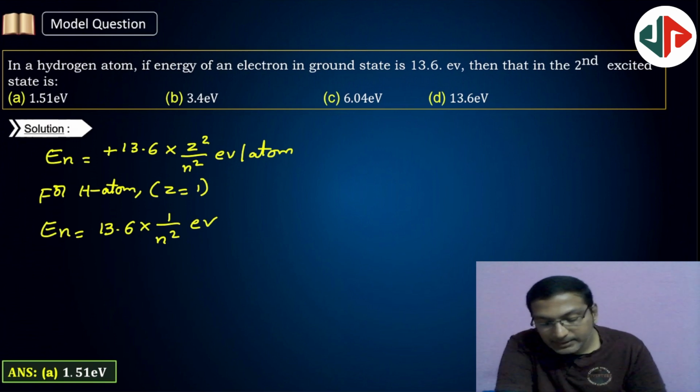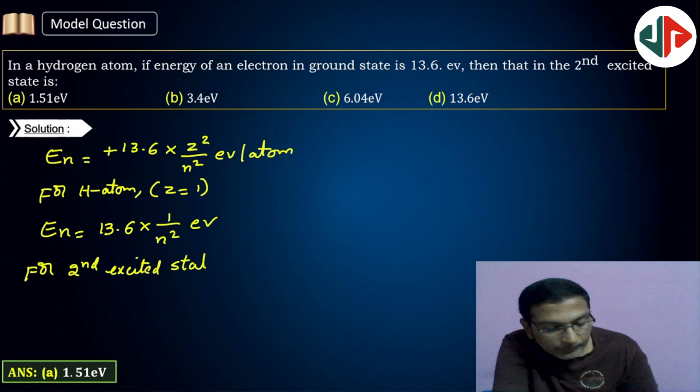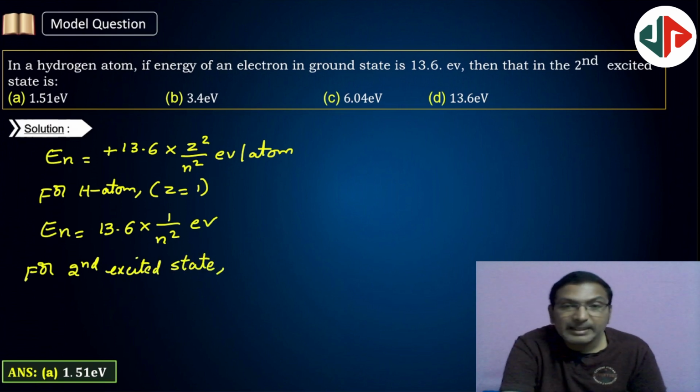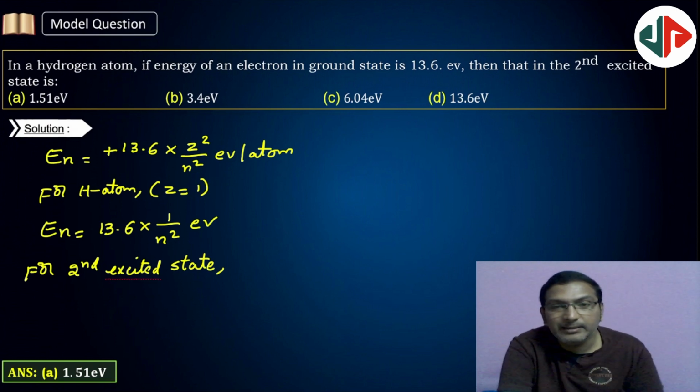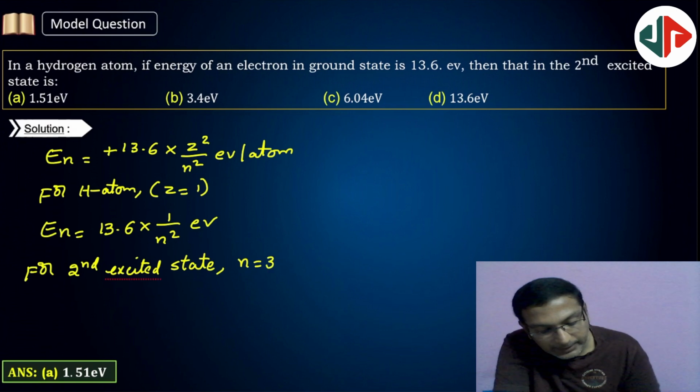Here it is asking the energy of second excited state. The second orbit is first excited state, third orbit is second excited state. Therefore, n equal to 3.